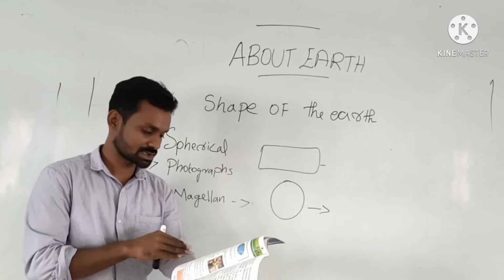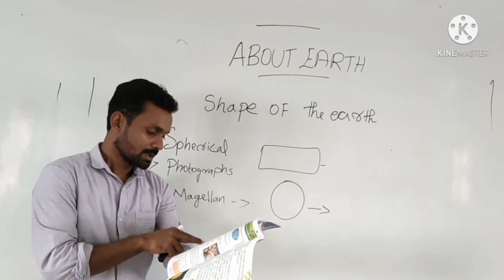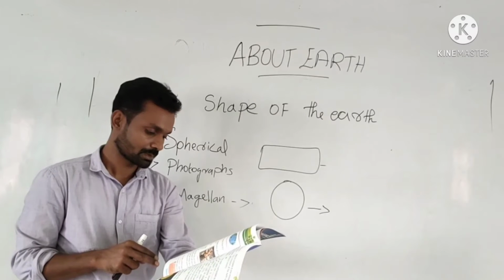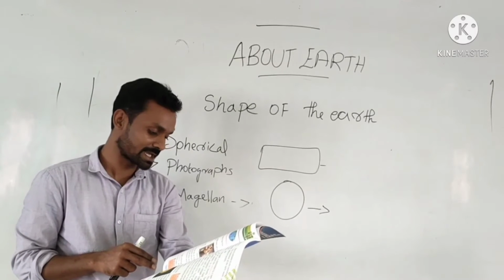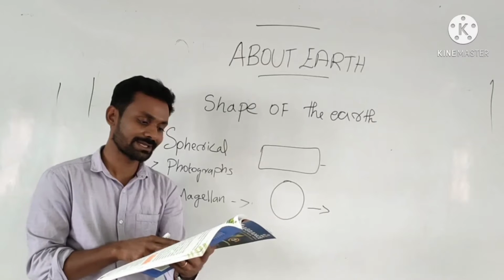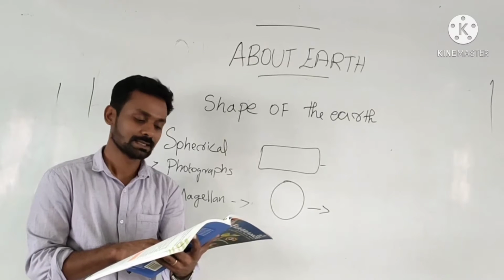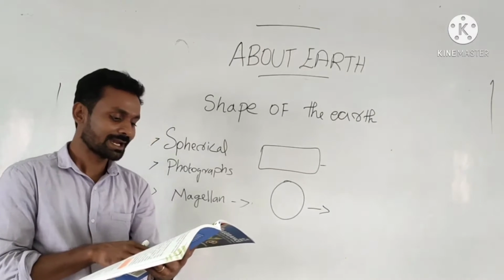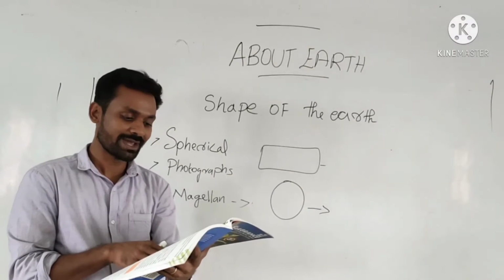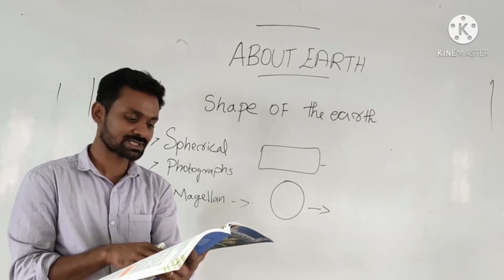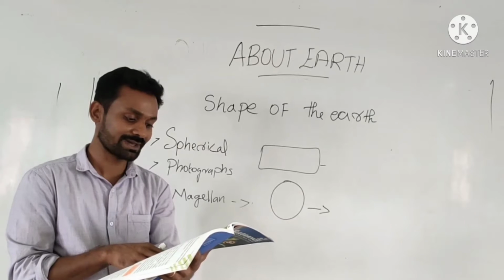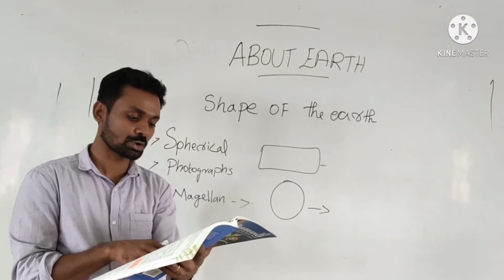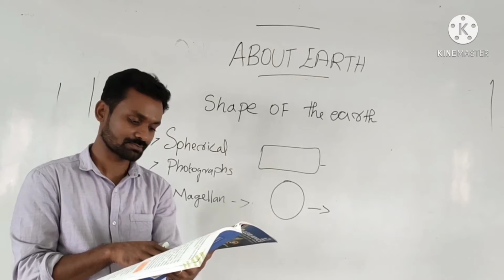Kindly follow the text. The earth is spherical in shape. The photographs of the earth taken from outer space by the astronauts prove that the earth is round. In earlier times, people were afraid to travel to distant places as they were superstitious and were quite afraid to cross large water bodies.